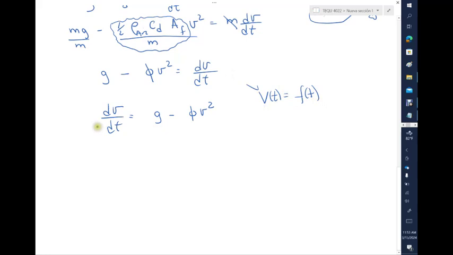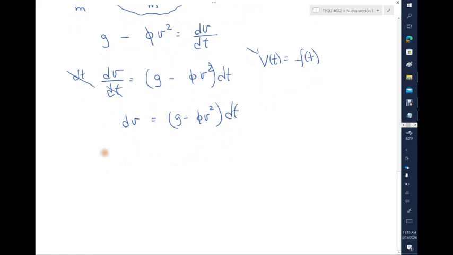To do that, let's do what we did at the beginning. Let's multiply by dt both sides. If we do that, this cancels out and we end up with dv equals g minus phi v squared dt. Now here we haven't separated variables yet because I still have v, the velocity, on the right side, and I have time here, but it's straightforward.